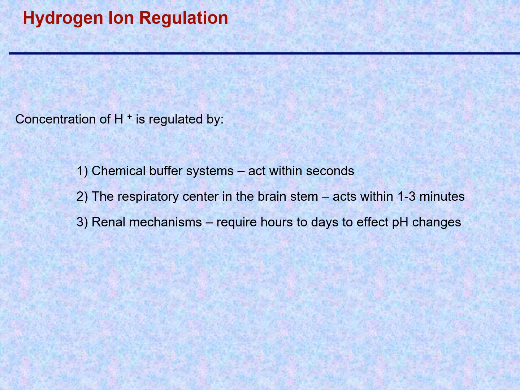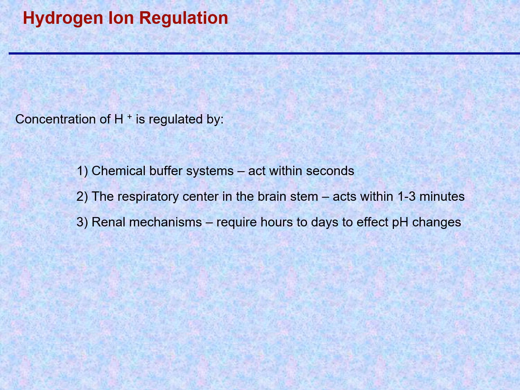Regulation is tightly controlled. It has to be controlled because the pH has to be maintained within a fairly narrow range. The reason for that is that virtually almost all enzymes are proteins.